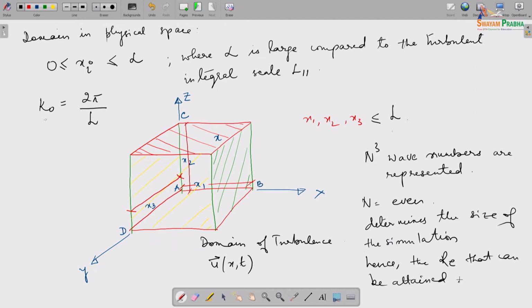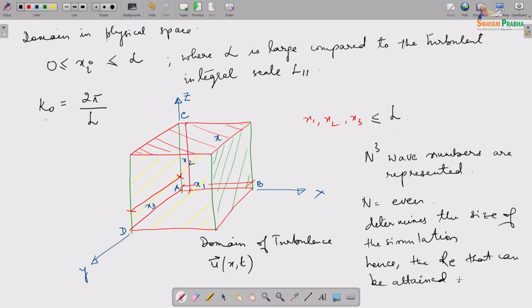Hence, we said that it is low to moderate Reynolds numbers, because the higher the Reynolds number, the more we are in the large scale motion, larger eddy range. We've learned that so far. It's interesting.